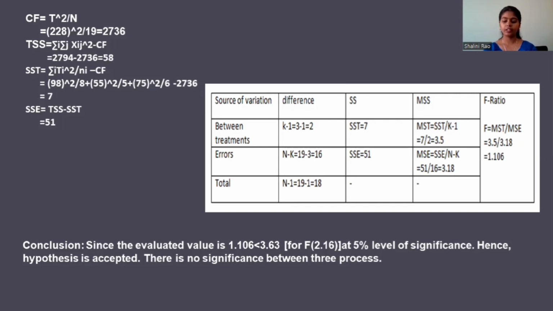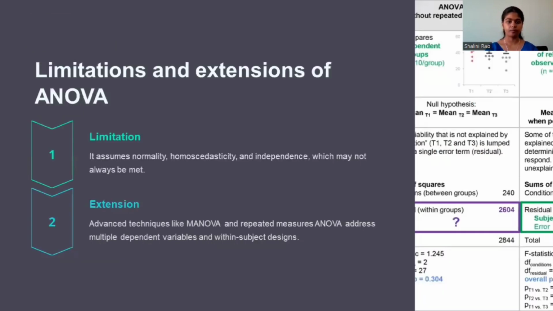Finally, we find the F ratio using the formula MST divided by MSE, and the evaluated value of F ratio will be 1.106. Since the evaluated value of F ratio, that is 1.106, is lesser than 3.63 for F of 2,16 at 5% level of significance, hence the hypothesis is accepted and there is no significant difference between the three processes.